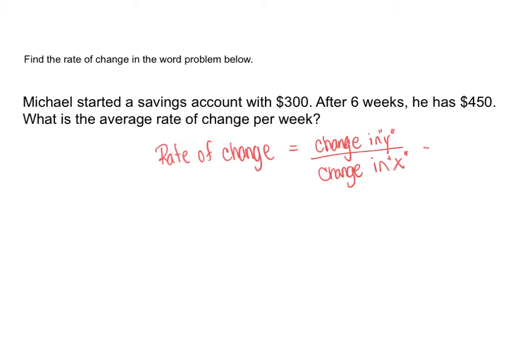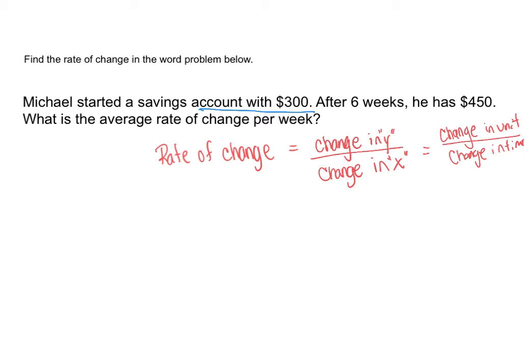So I can also say change in unit over a change in time. So in this example, I have Michael started a savings account with $300. So the unit here is money.